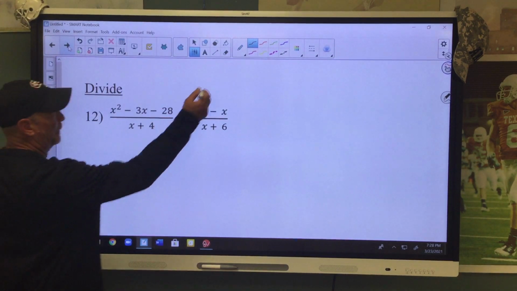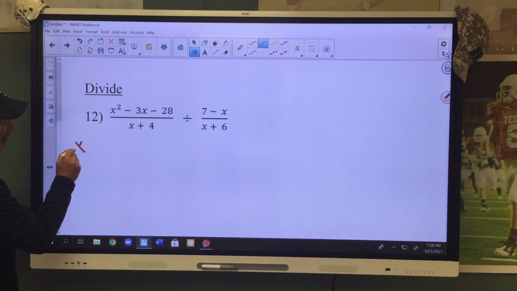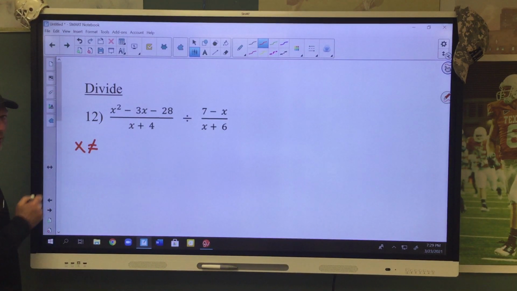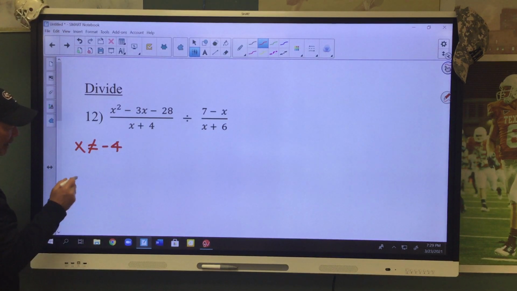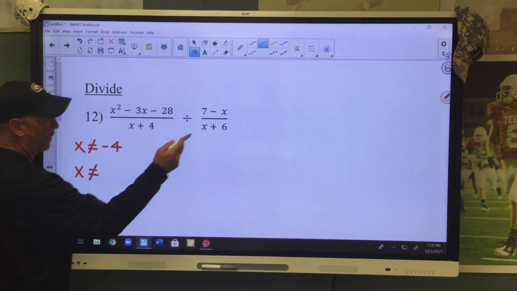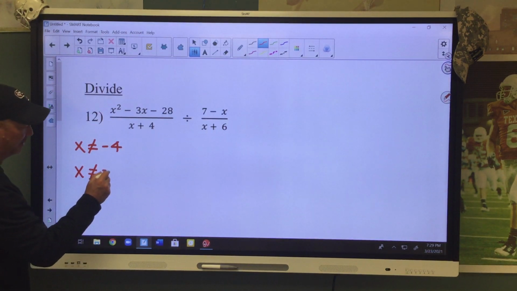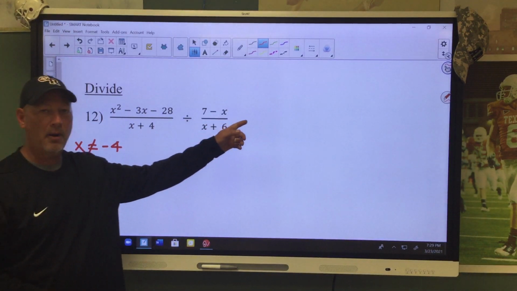You should tell me that x cannot equal a negative 4. x cannot equal a negative 6. x cannot equal... Now this may mess with some people.